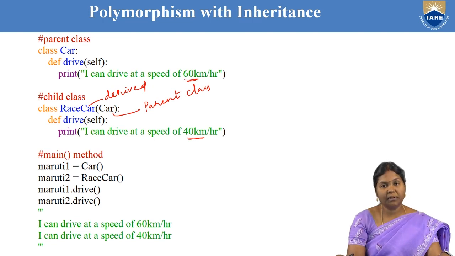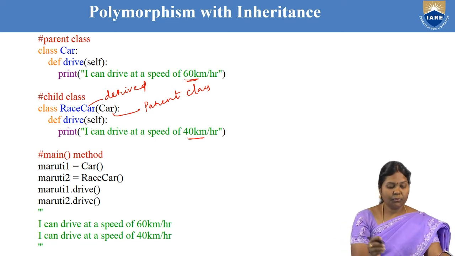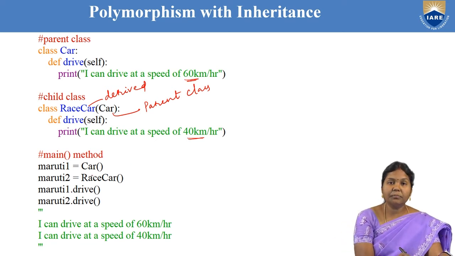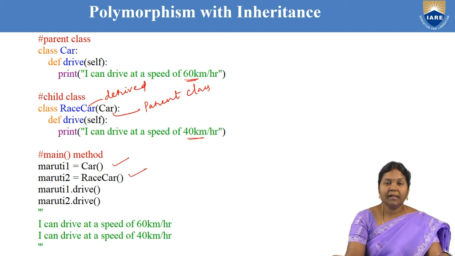Now, let us see how to use it. First of all, create the objects of both the parent class and the child class. Here Maruti 1 is the object of the parent class. Maruti 2 is the object of race car, that is, the child class. Now, call the drive method using the appropriate object. If you want to execute the drive method of the parent class, write the parent class object dot method name, so Maruti 1 dot drive.